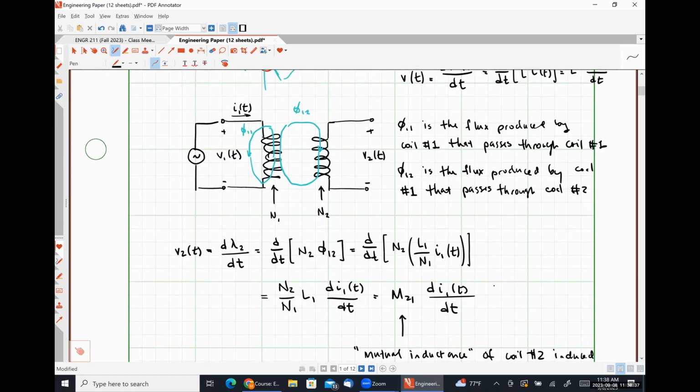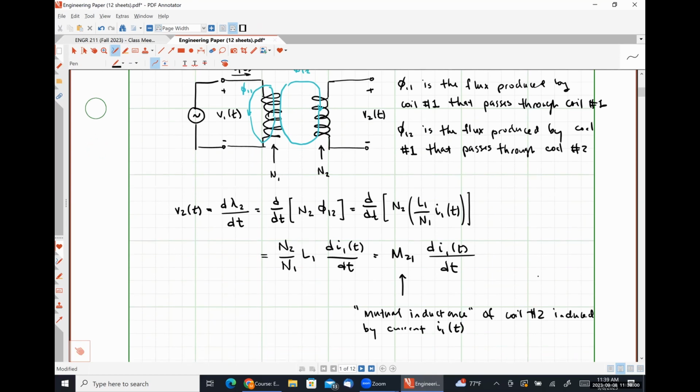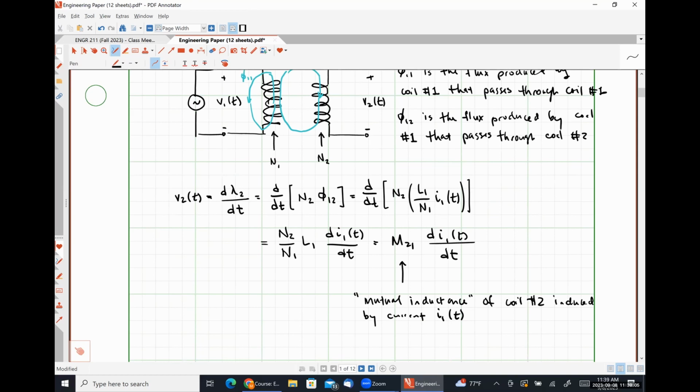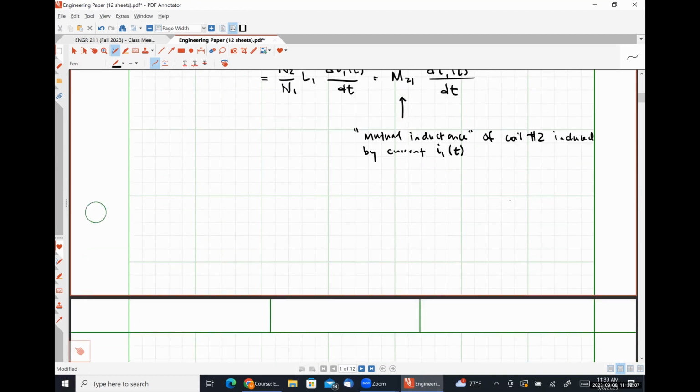What would happen if we moved our excitation source from being connected to coil 1 over to being connected to coil 2? Going from right to left instead of left to right. Okay. So in that particular instant, so let me write this down.